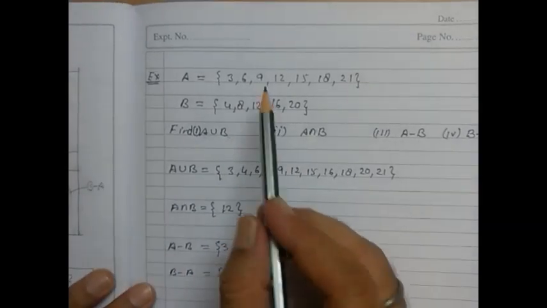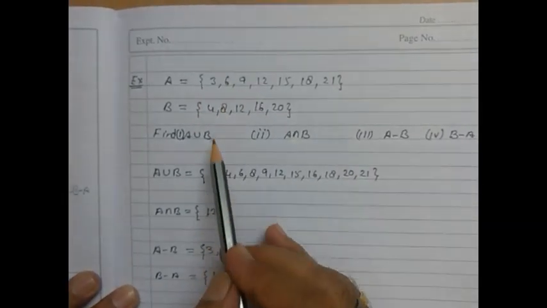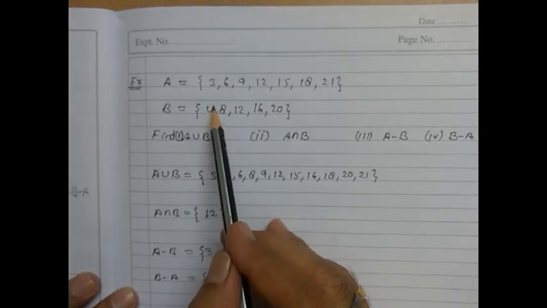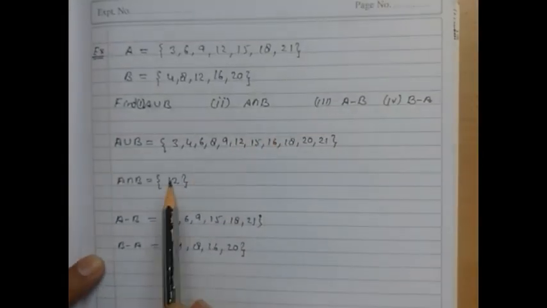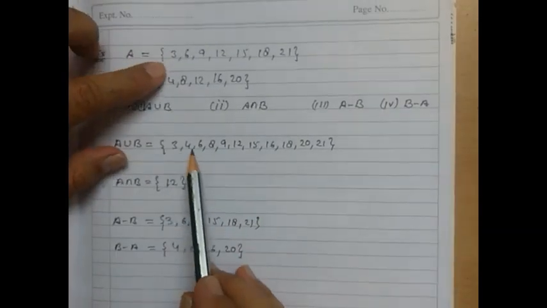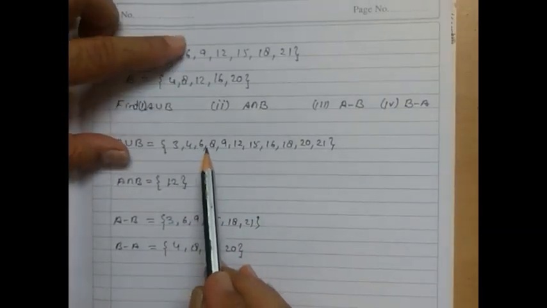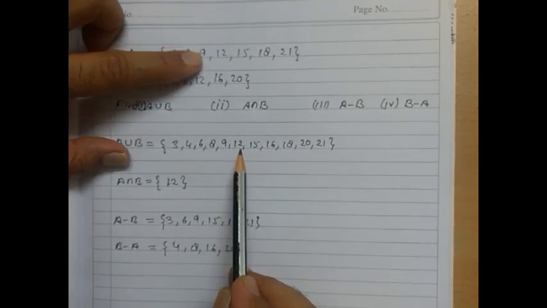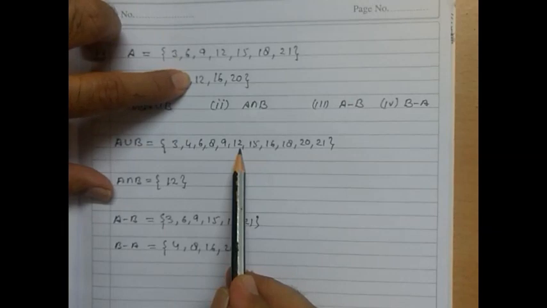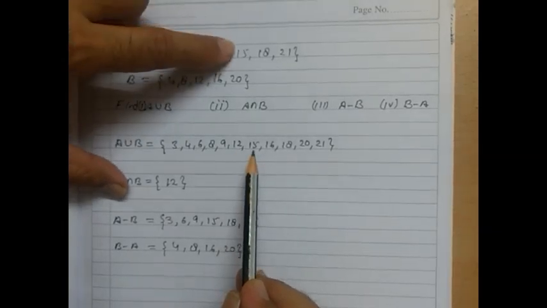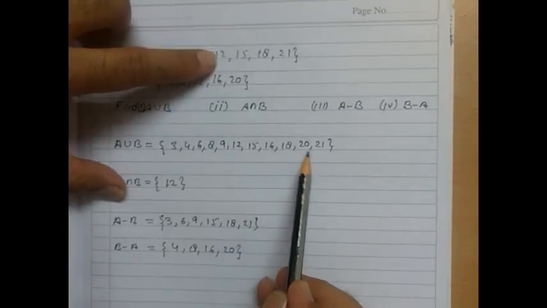Again we will write out all those elements which are present in A and B, and those that are common will be written only once. So 3, 4, 6, 8, 9, 12, where 12 occurs two times but we write only one, 15, 16, 18, 20.